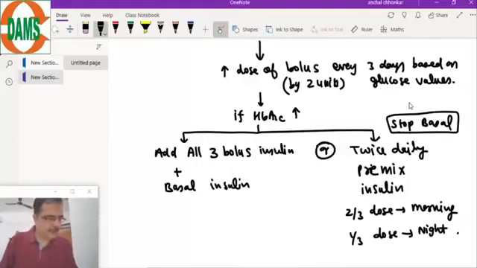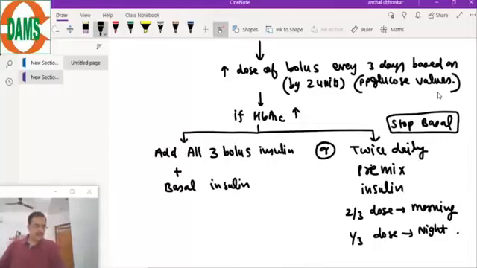No role of PP glucose in insulin protocol. This is a PP glucose. Bolus controls the PP. So if you are giving the bolus, look for the PP values, and do the HbA1c. If HbA1c is still high, then shift the patient to multiple bolus with basal or twice daily premix insulin.